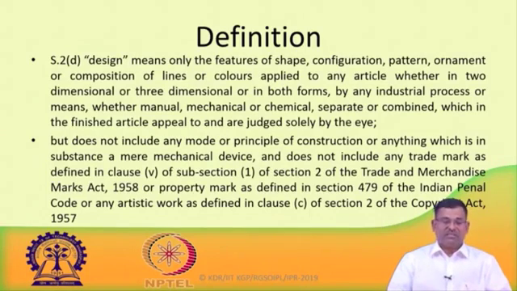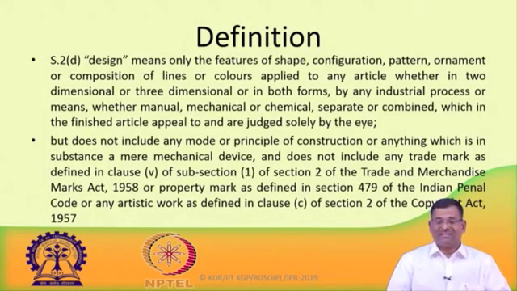In the second part, the definition clearly excludes any mode or principle of construction or anything which is in substance a mere mechanical device. For a mechanical device, if it is new, you go for patenting.